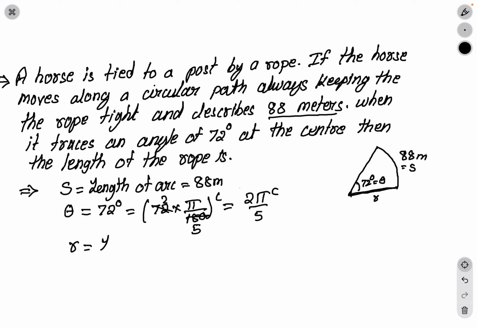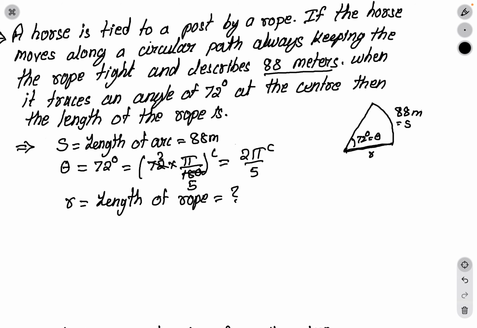R is equal to length of rope. We have to find out this. Now length of arc is equal to 88.